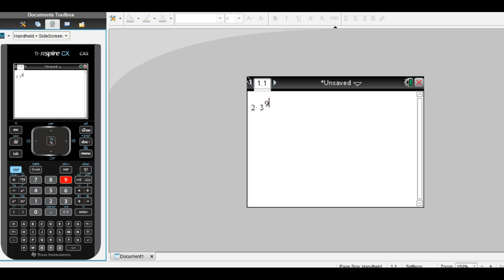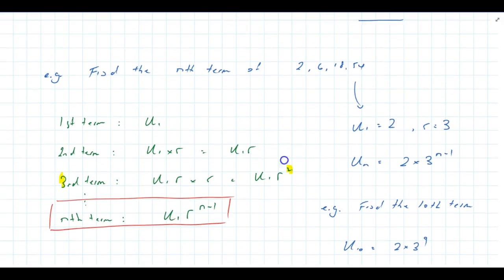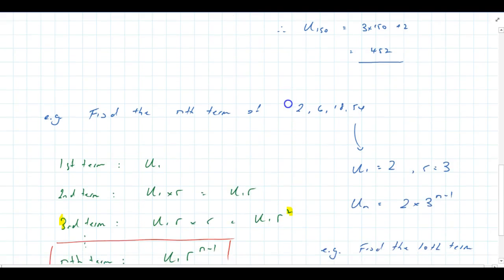Getting our calculator out, 2 times 3 to the power of 9, and we get 39,366. 39,366 is our result. Okay, so that's the nth term of an arithmetic and the nth term of a geometric.